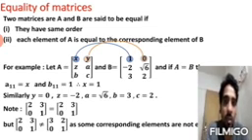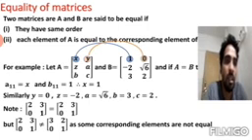But 2 3 0 1 is not equal to 3 2 0 1, because A11 is 2, and on the right side the 1 1 position is 3, so they are not equal. When we have the same order and the same corresponding elements, then the matrices are equal.